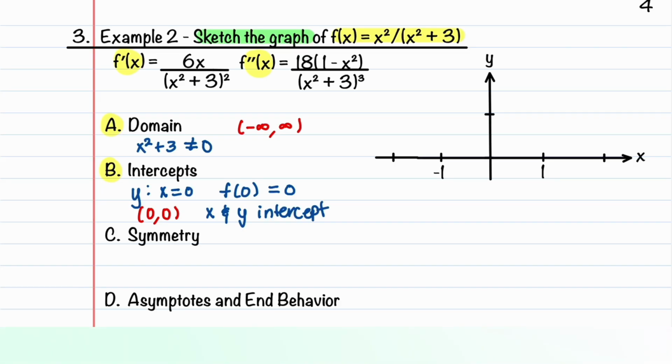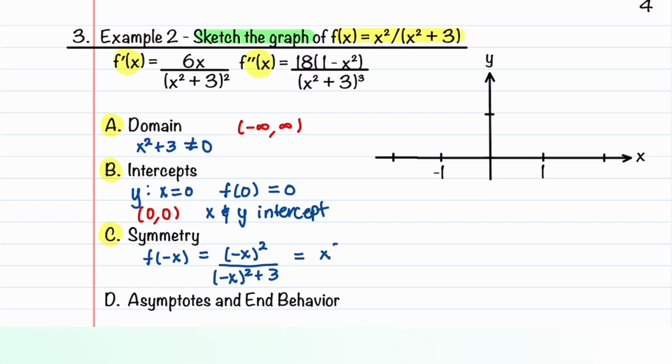Now let's think about symmetry. To find the symmetry, we need to calculate f at -x. So wherever we have an x in our function, we're going to plug in -x. This gives us (-x) squared all divided by (-x) squared plus 3.